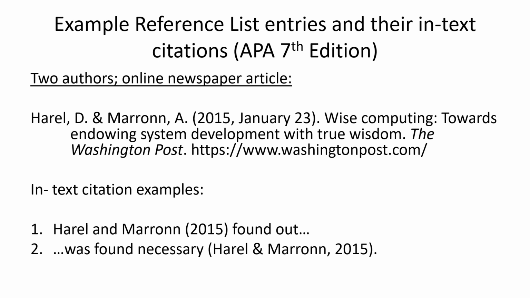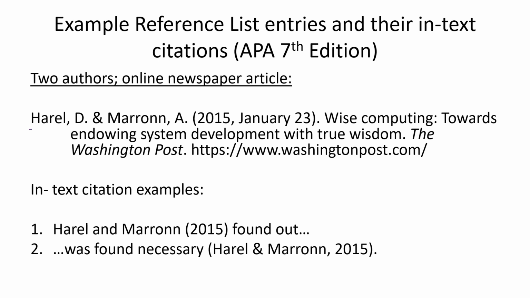If you will be borrowing information or using information from a newspaper article, okay, assuming that it has two authors, then this is how to write the reference list entry or the bibliographical entry.